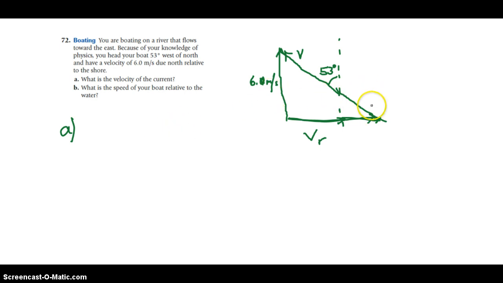So we know that this angle here is 53 degrees. So that's also telling me that the full angle, since these two are going to be complementary, that this angle of the triangle would be then 37 degrees.